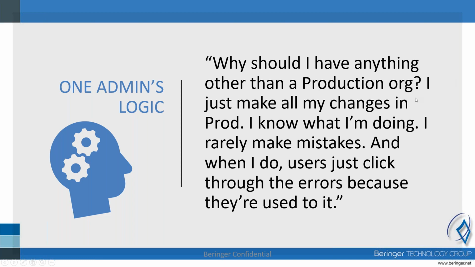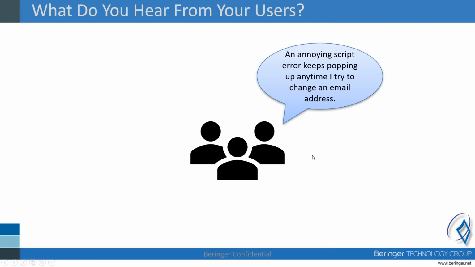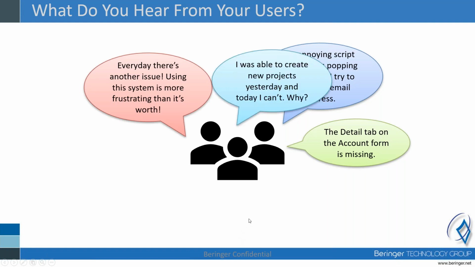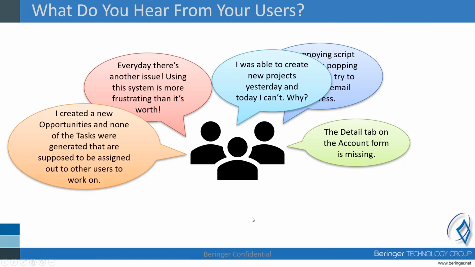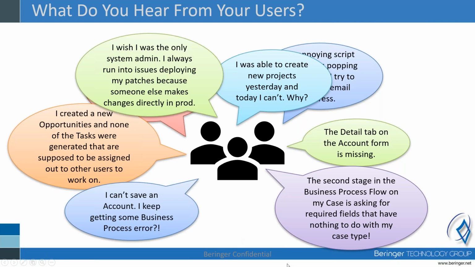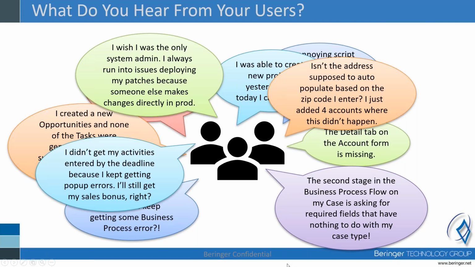And then the flip side of that, of what that admin is hearing from their users, are a lot of complaints, annoying scripts, tabs on forms missing. There's always issues. It's so frustrating. You know, can't create new records that I could yesterday. Just a whole bunch of complaints coming in from your users, maybe even your bosses.